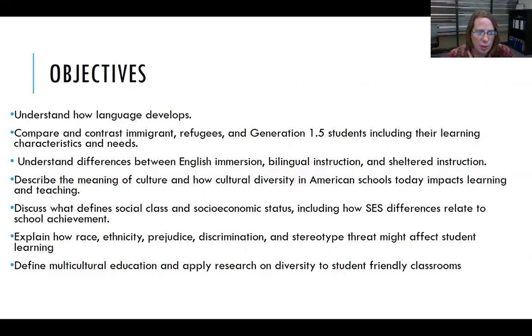To be able to discuss what defines social class and socioeconomic status, including how SES or socioeconomic status differences relate to school achievement.